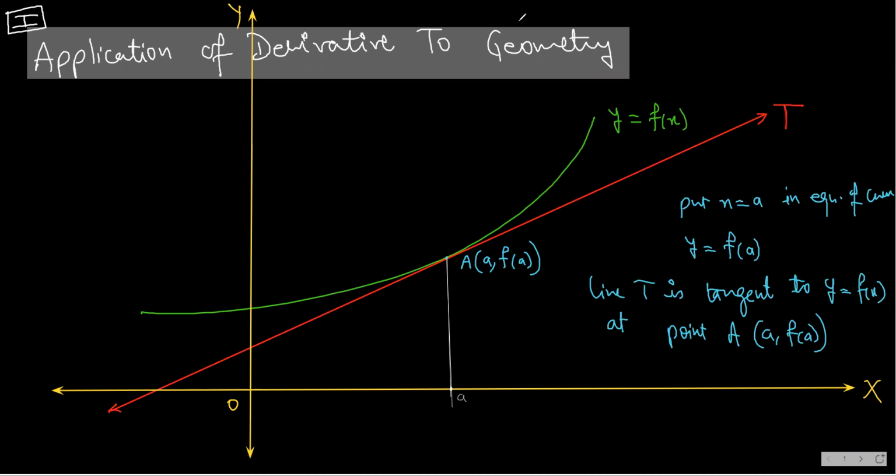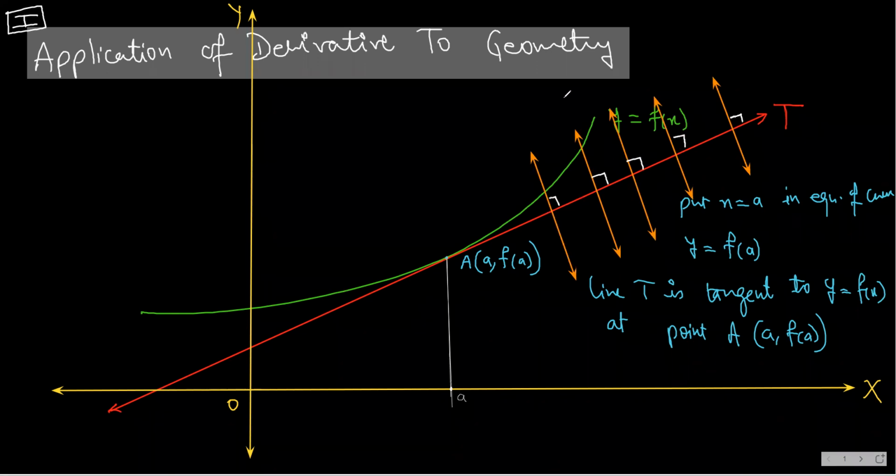Now what I am going to do is draw a perpendicular to this tangent line at A. Remember students, you can have infinite perpendiculars to the tangent. These all lines are perpendicular to the tangent. The angle between them and the tangent is 90 degrees.